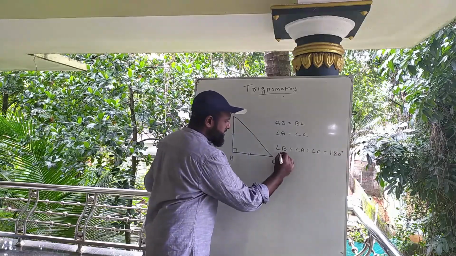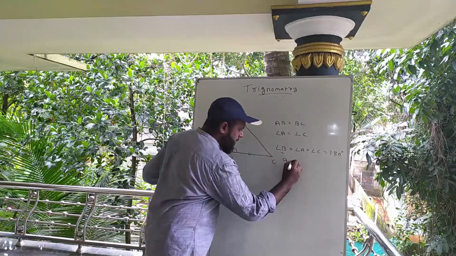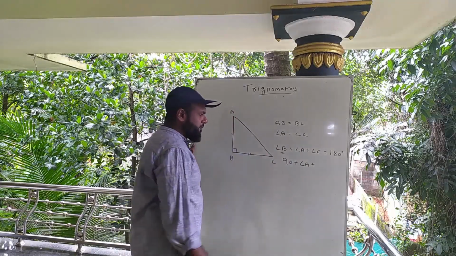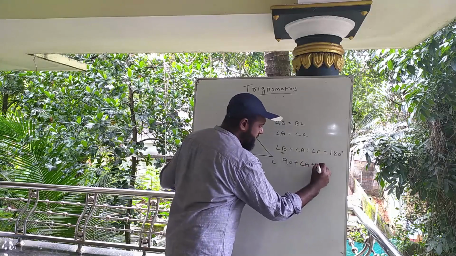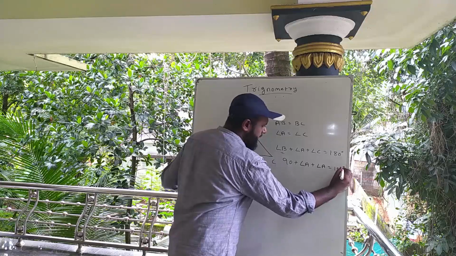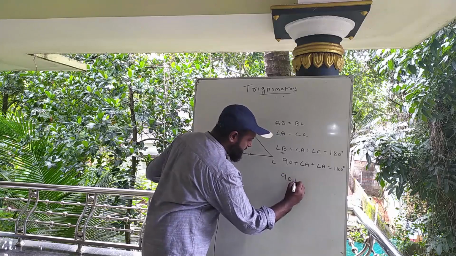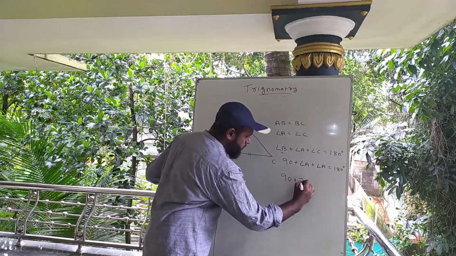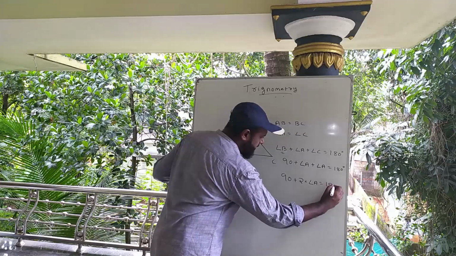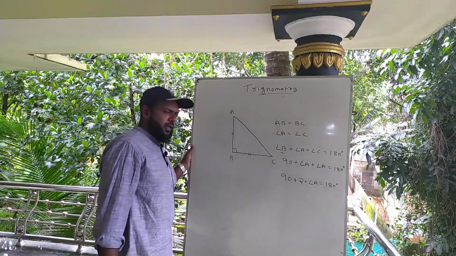Since angle A equals angle C, 90 plus 2 into angle A equal to 180 degree.